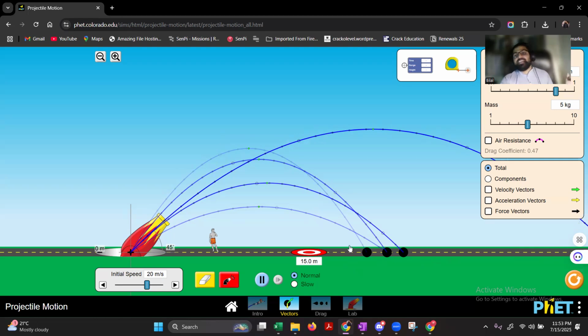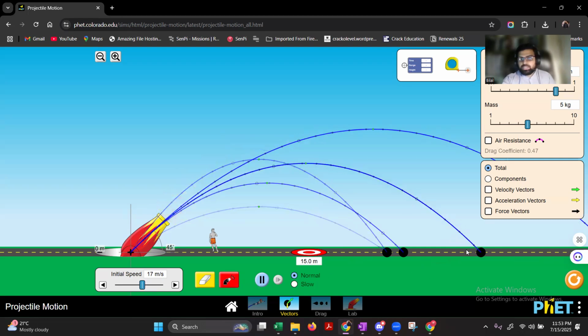So you can see increasing the velocity caused a huge change in range, because range is proportional not only to velocity but to the square of velocity. Let's see if I shoot it at 17 meter per second.